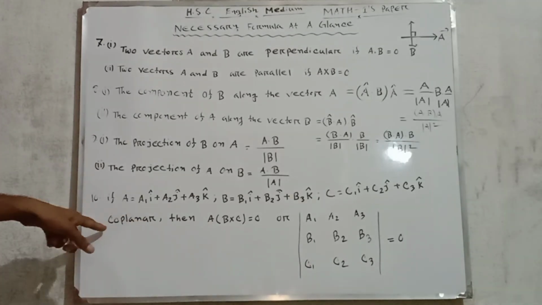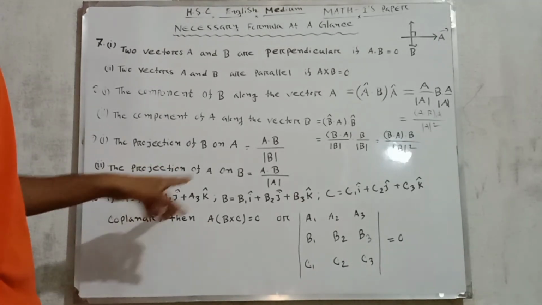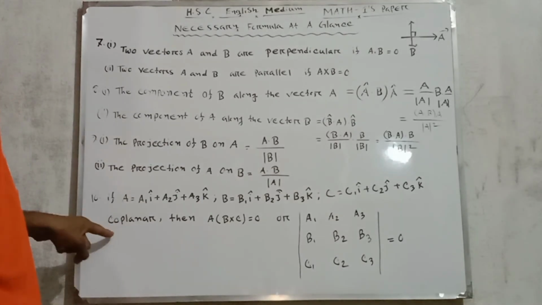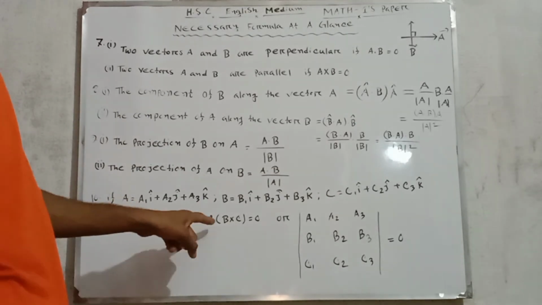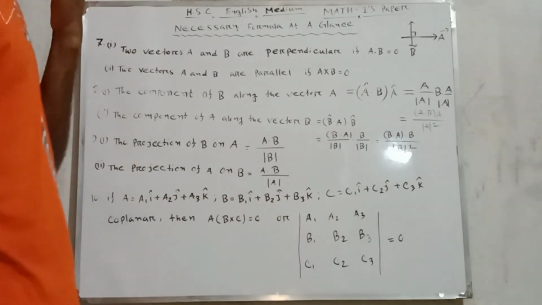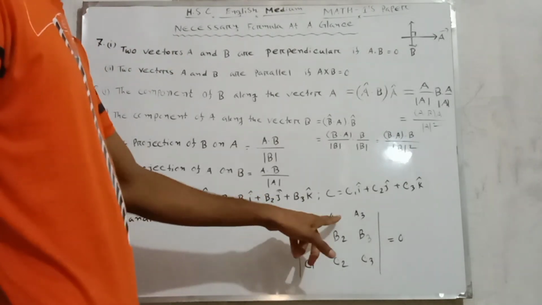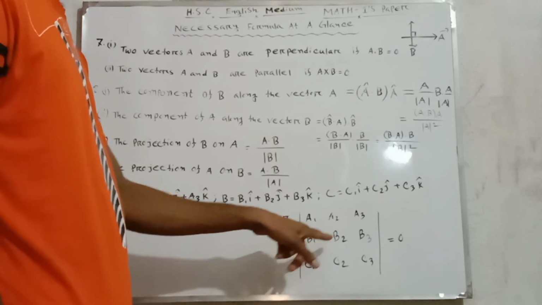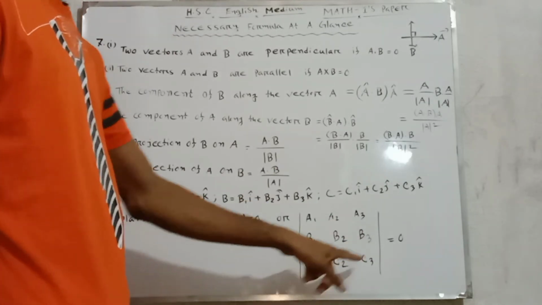When A, B, C are coplanar, then A dot B cross C equals 0, or the determinant of A1, A2, A3, B1, B2, B3, C1, C2, C3 equals 0.